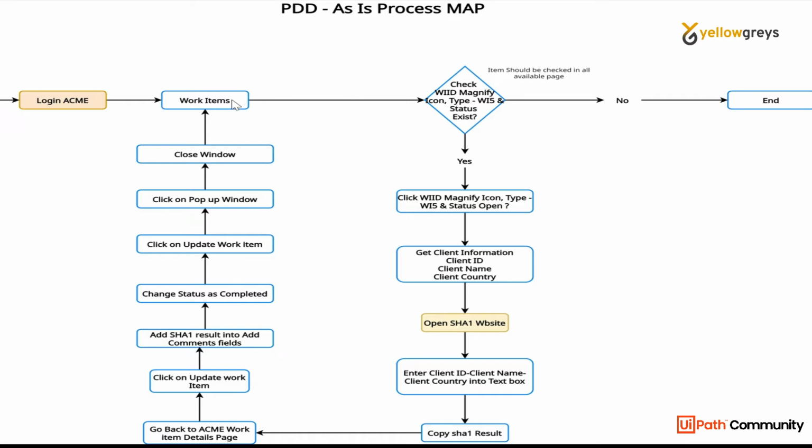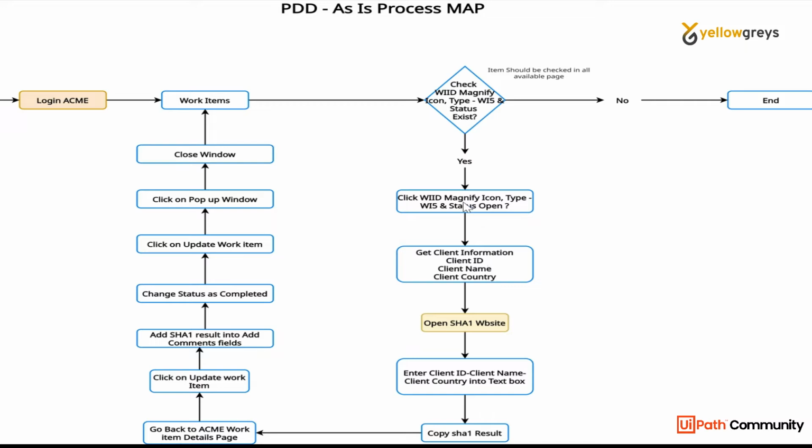Then they go to the work item table, check the WID, check the type and the status, and based on this, click the magnify icon. This is the condition they need to check.